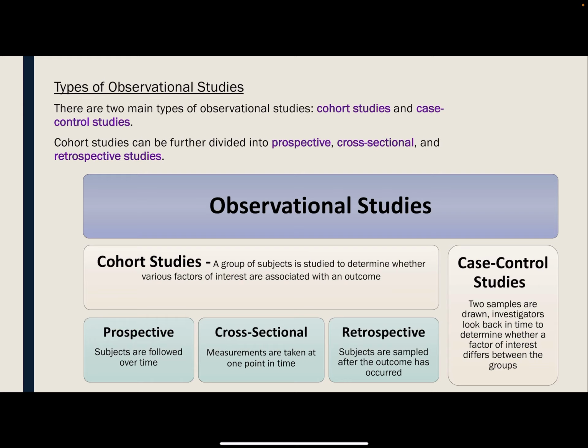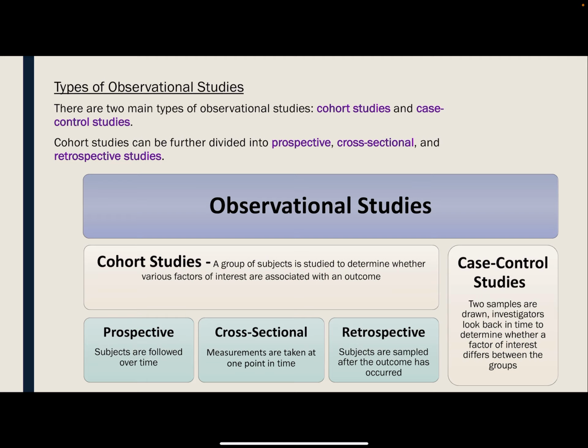We choose a group of toddlers and families and we follow them to see whether or not they are involved in preschool education, and then follow them throughout their K through 12 years and then see if they graduate from high school. And we collect all that data moving forward. So you can see that prospective studies take years of studying.